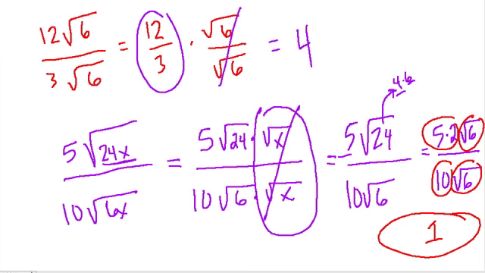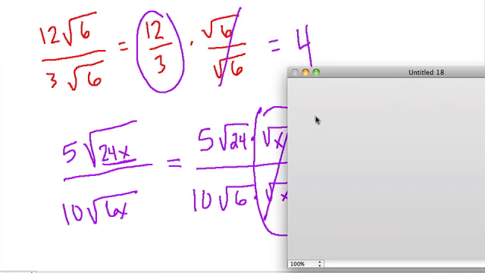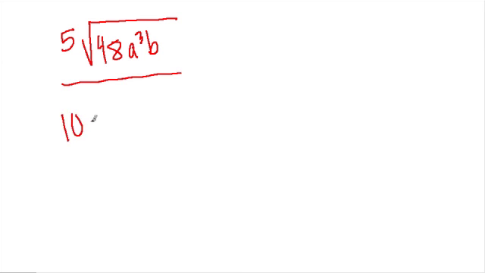And the next one, we got another example of a division problem. And some of the ideas are the same here. So we have 5 times the square root of 48a to the third power b over 10 times the square root of 3ab.